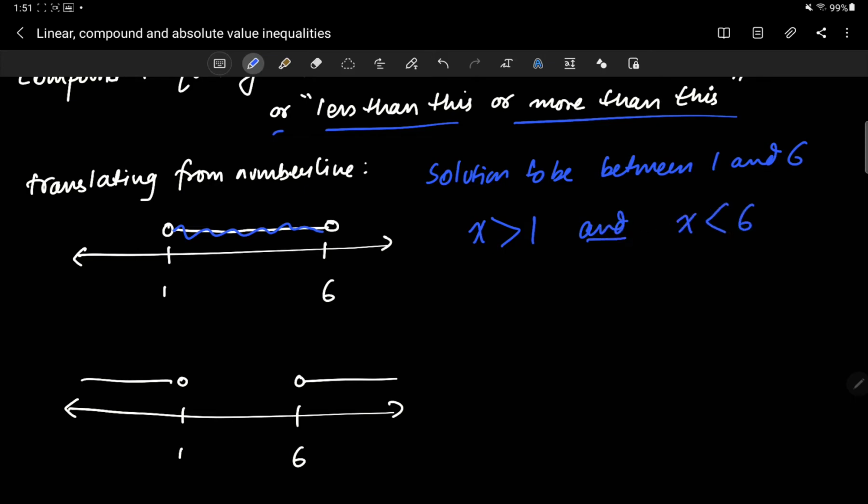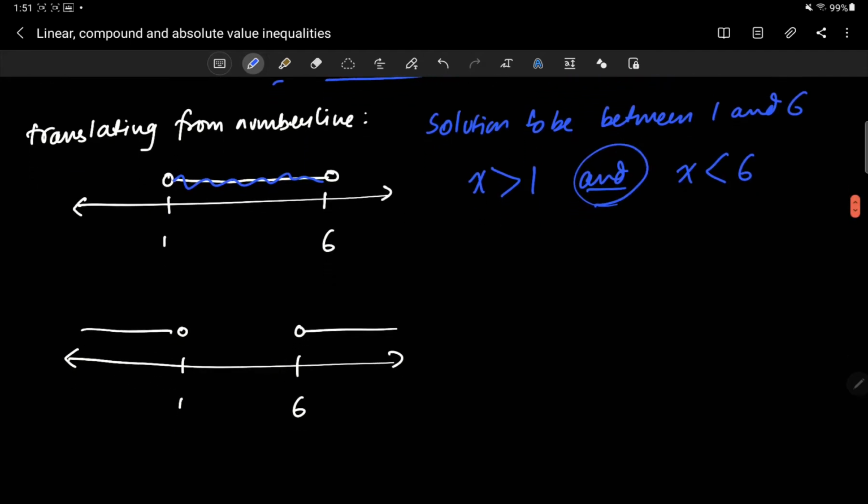Or in a more non-mathematical language, maybe you would use but. You'd say x is greater than 1 but it's also less than 6. However, the use of the word also is similar to using the word and. Whereas in the second case, you would say x is less than 1 or x is greater than 6.